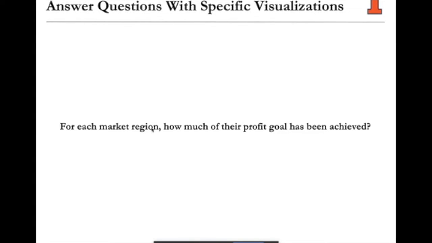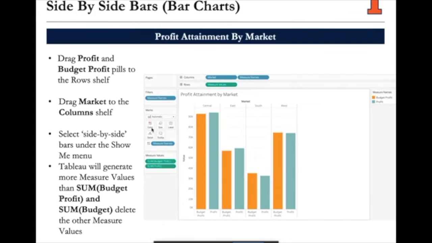So just to wrap right back around to our question, I asked specifically how much of the profit goal was achieved, and I know my visualization did not give an exact value, but that is okay because what this visualization does is give you a very plain and simple depiction of whether or not the actual profit is above or below the budgeted profit.